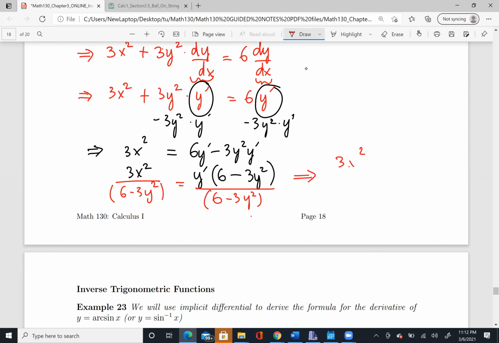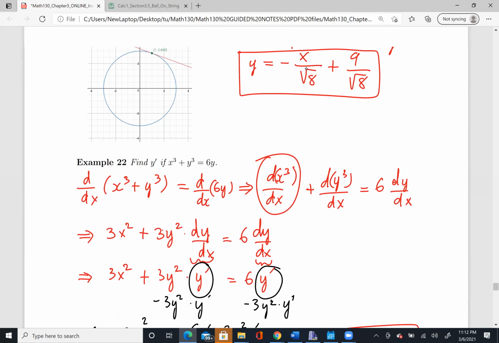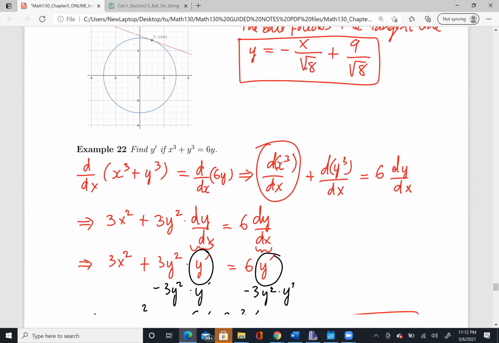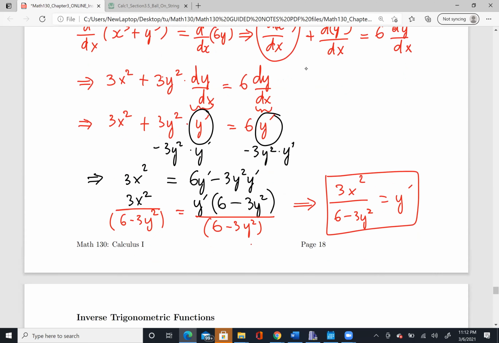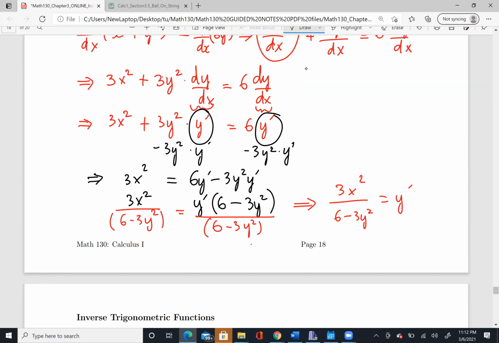You will have 3x squared over 6 minus 3y squared equal to y prime. It is the one that I need for this problem, right? Because the question says find the y prime, and now I have the y prime. Well, actually, you know what? I will factor 3 out, and let me see, I can still simplify it.